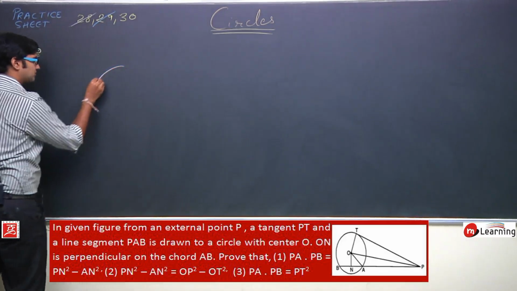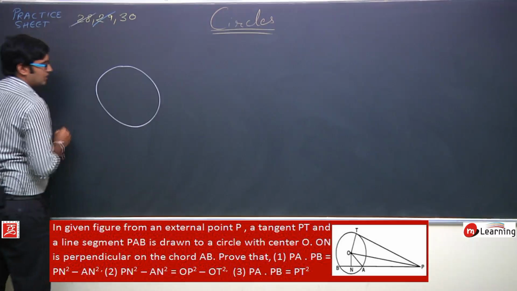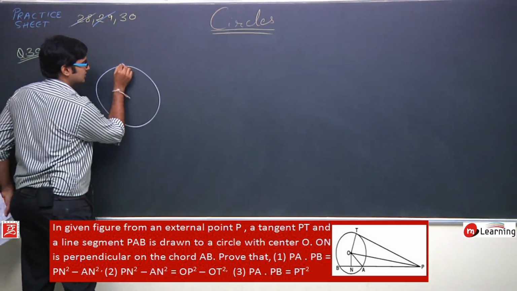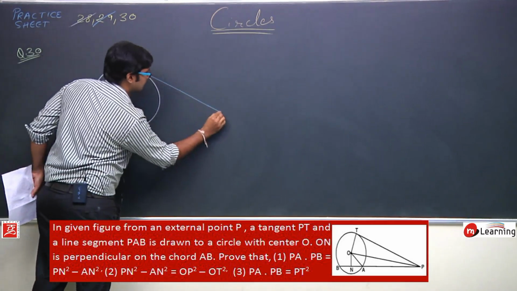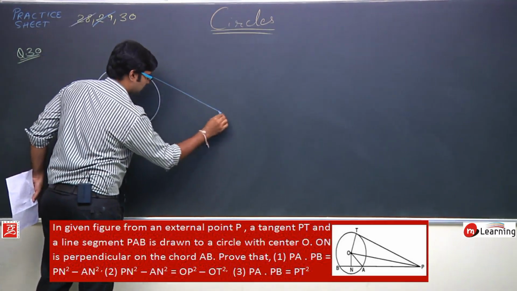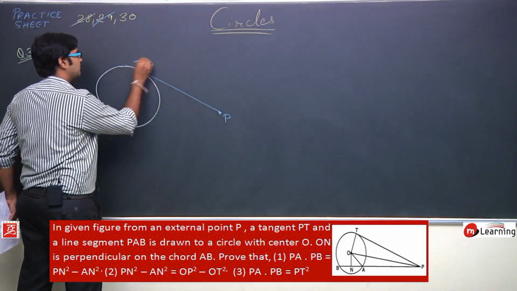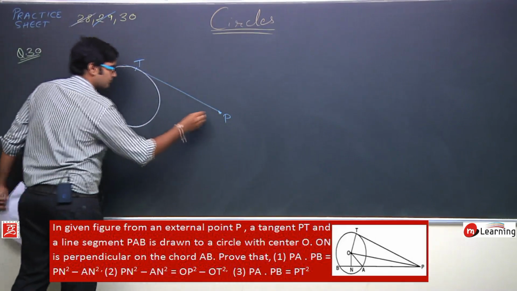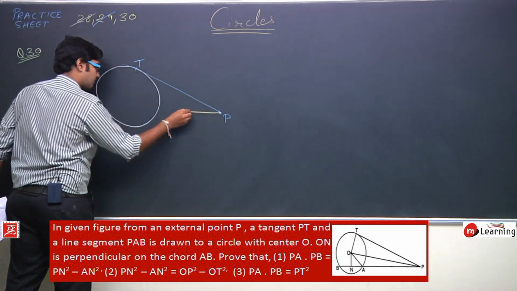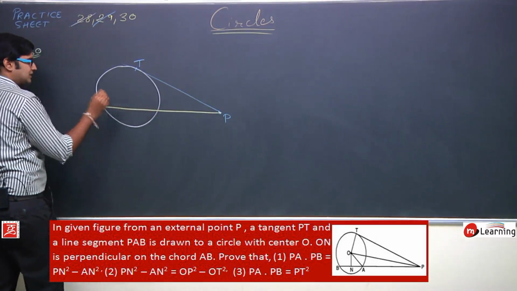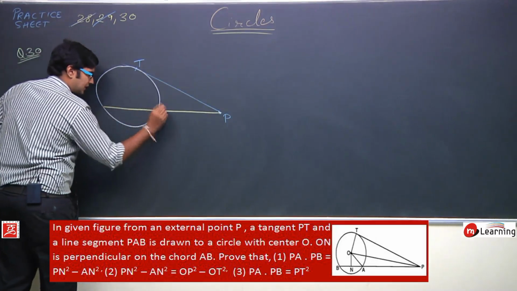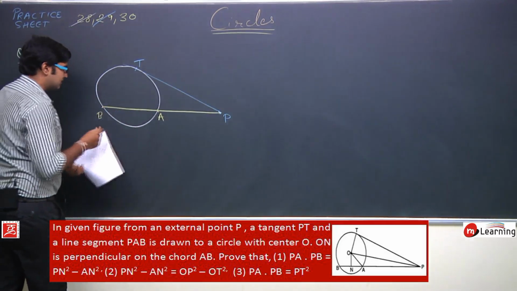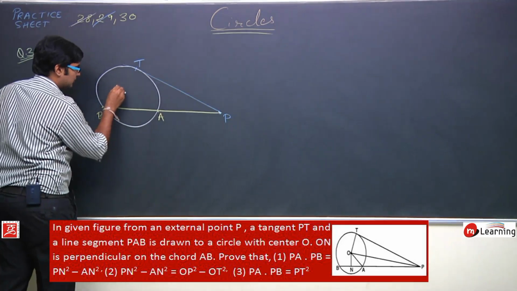This is the circle, and there is a point P outside the circle, and this PT is a tangent to the circle, and there is a line segment like this which touches the circle at point A and another at point B, and then this is the center O of the circle.